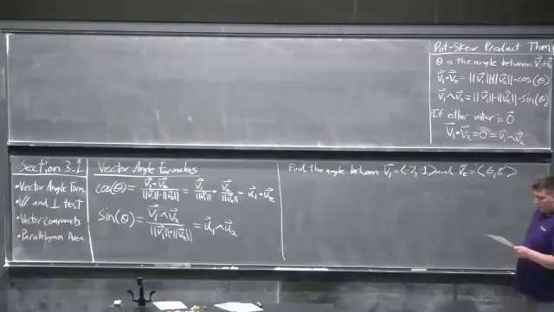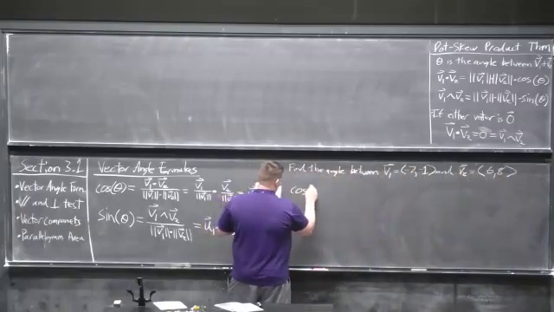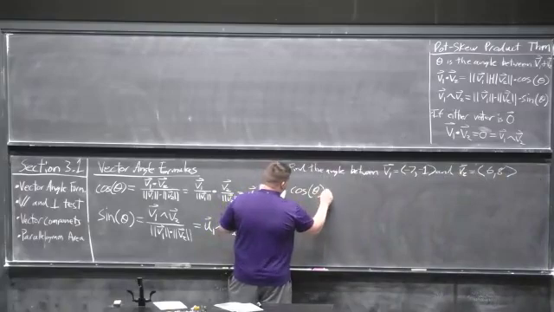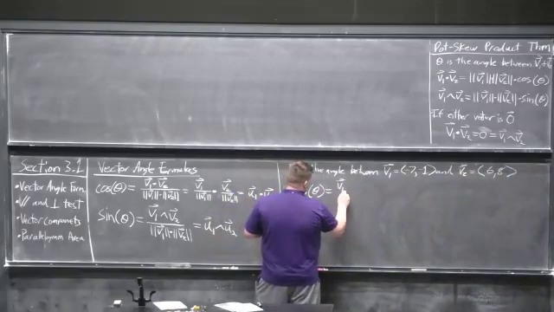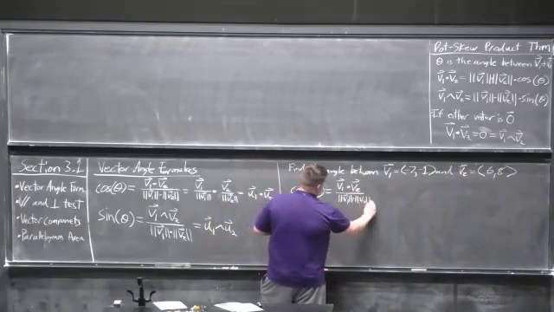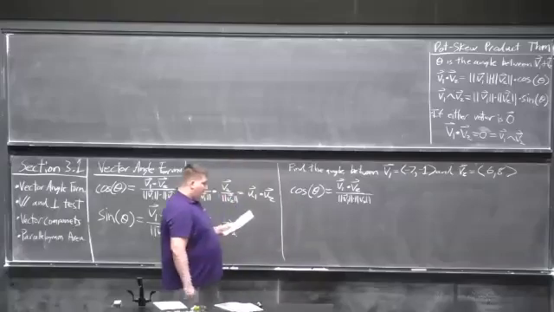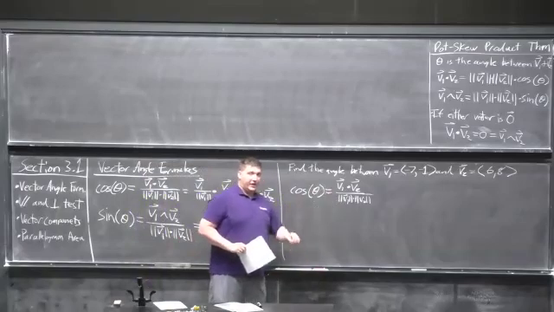So we're going to start with a formula and go, all right, we know that the cosine of theta is equal to V1 dot V2 all over V1 magnitude times V2 magnitude. And we can then take the inverse cosine of both sides and get our theta.